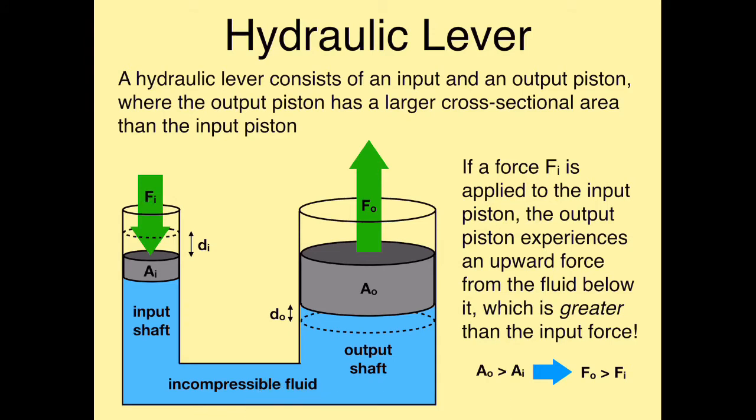It's the pressure increase that's the same at the input side and the output side. So because of that, if we have a bigger area at the output side, we're also going to have a bigger force at the output side. So you can have a very small amount of force being applied here, and then you get a very large force at the output end. It's like we're amplifying the force, which is something that a lever does. It amplifies a force, which is why we call this a hydraulic lever.